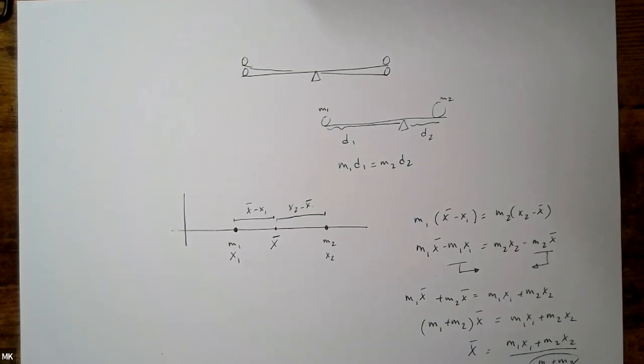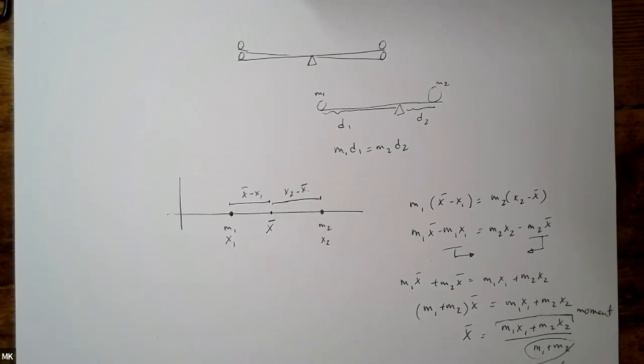This is your total mass. And the numerator is what we refer to as a moment. Basically, if I calculate the sum of products of mass times distance of the masses from some fixed location, that would give me the moment.